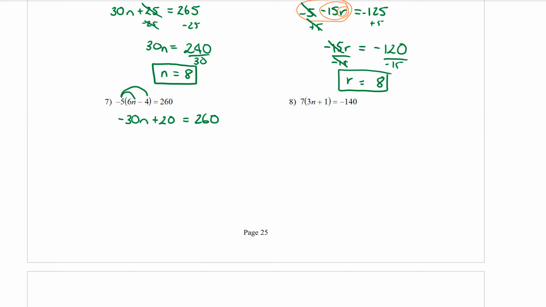Brackets are done. The layers are n, which has been times by the minus 30, and then the plus 20 on the end. So outside layer, how do I get rid of that plus 20, Anton? What's the opposite?